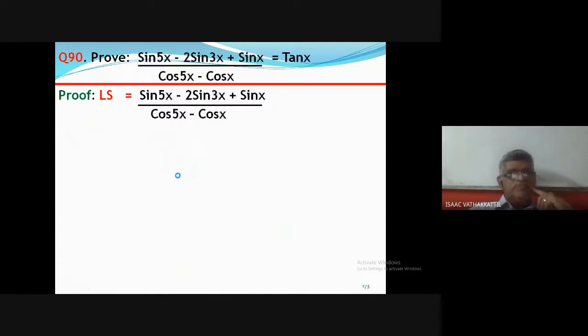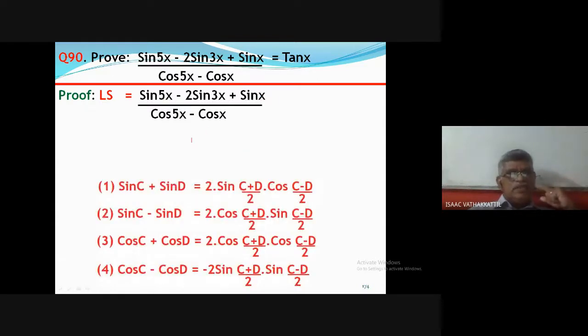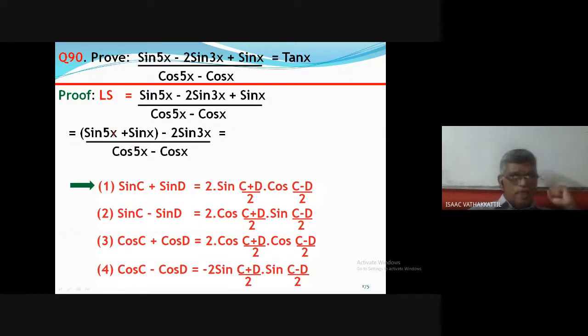That's right. Again, one more. Prove that sin 5x minus 2 sin 3x plus sin x upon cos 5x minus cos x equal to tan x. What is left side? I prefer sin 5x plus sin x together for more convenience. So sin C plus sin D: 2 sin 3x into cos 2x.